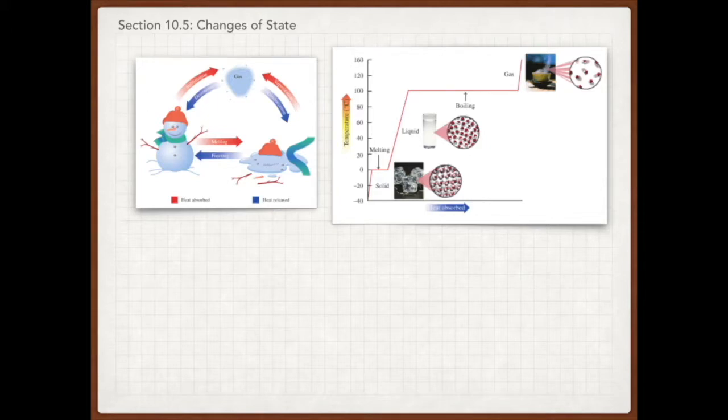But when you go from a liquid to a gas, you have to break all of the attractions between molecules. So as a result, it takes a lot more energy for a substance to boil, to go from a liquid to a gas, to be vaporized, than for it to melt. And then once you're completely a gas, the temperature of the gas can continue to increase. So that's a heating curve.